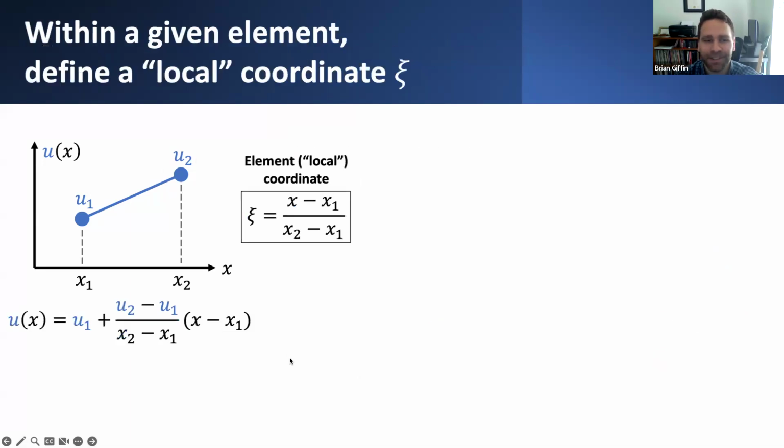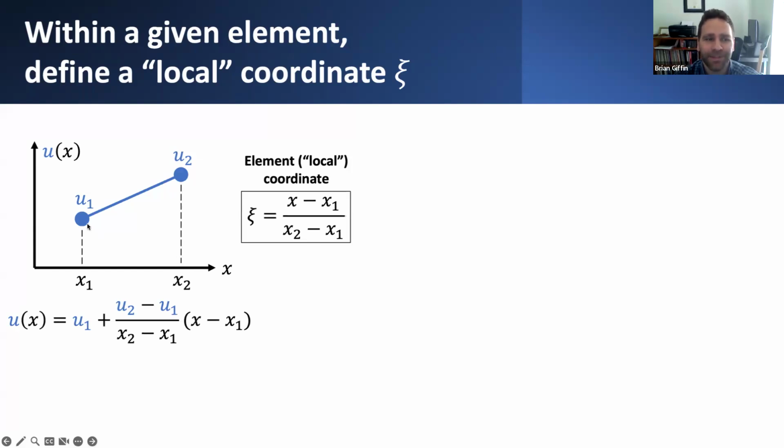All right, so we've come up with this form for u that interpolates the displacement expressed in terms of the axial coordinate x ranging from x1 to x2. But in fact, this is a somewhat uncommon way of representing how this function varies internal to a specific element.